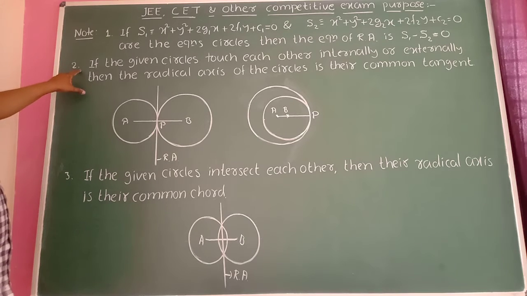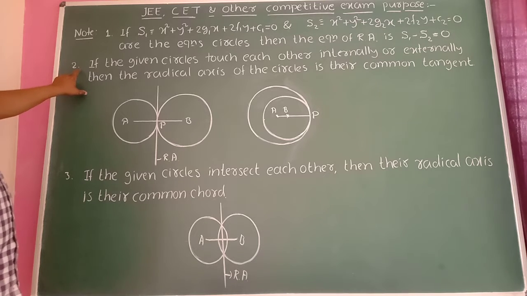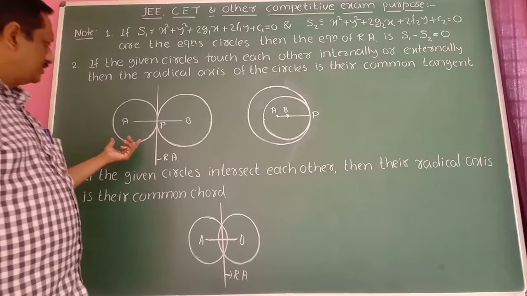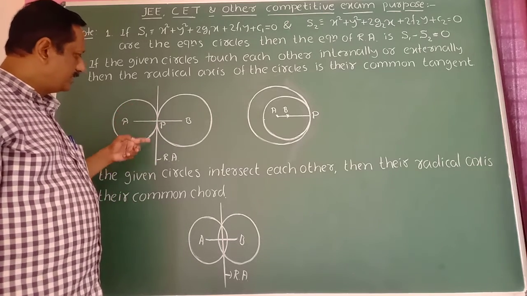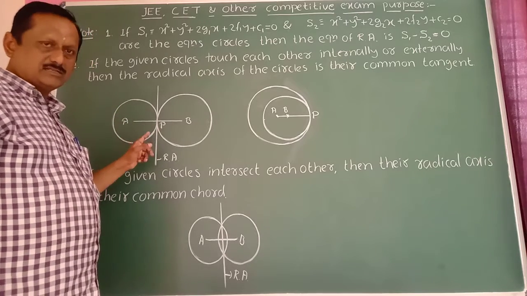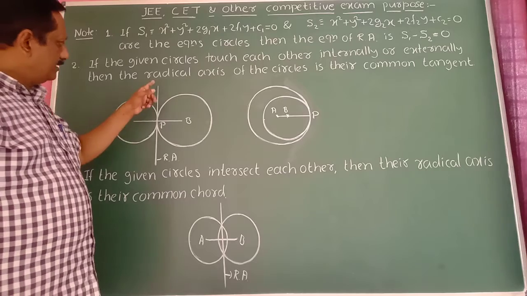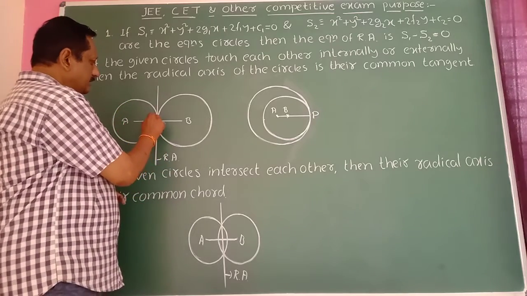Second note: if the given circles touch each other internally or externally, then the radical axis of the circles is their common tangent. Here these two circles touch each other externally, then this is the radical axis. This is a common tangent to both circles. Even here the radical axis is perpendicular to the line joining the centers of the circles.